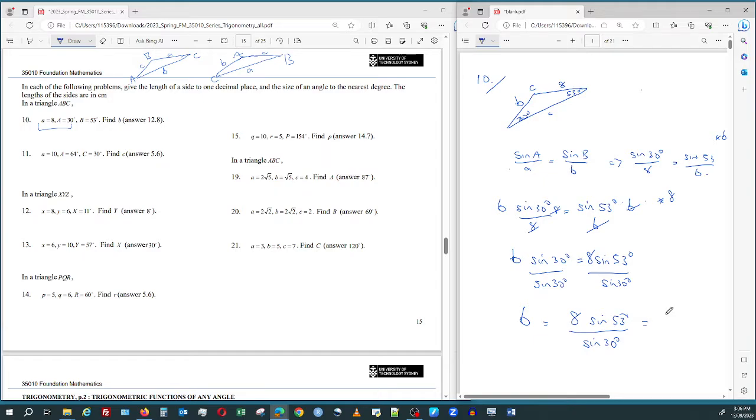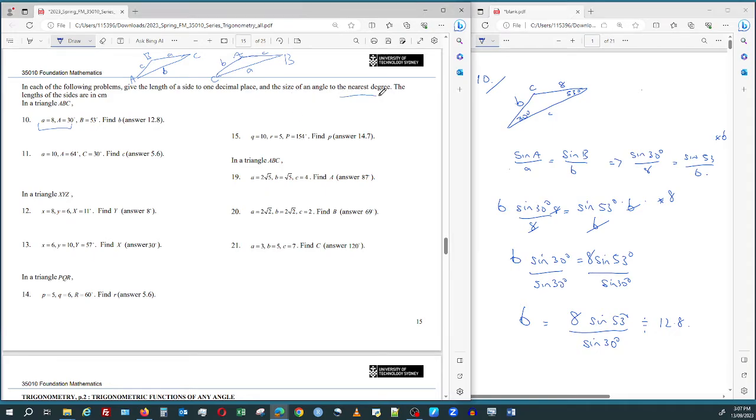And so what are we going to get here? 12.8. Okay, approximately 12.8. So we better make that, because it says to the nearest degree. Okay, to the nearest degree.